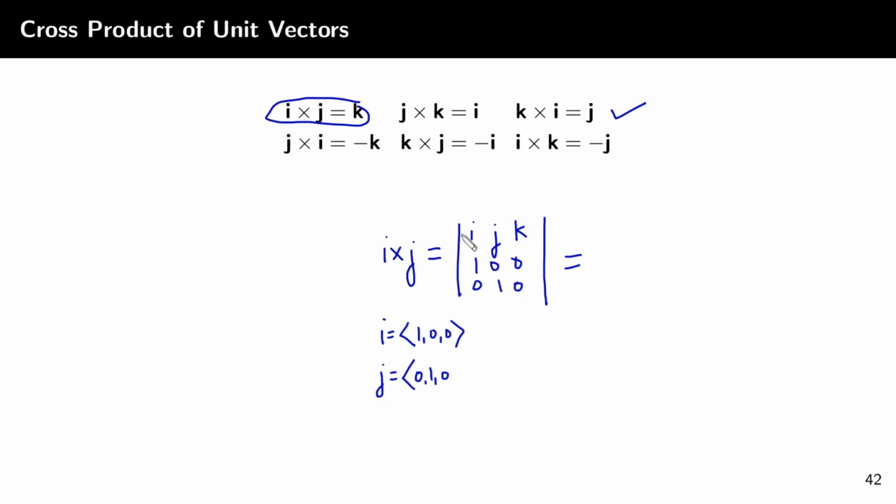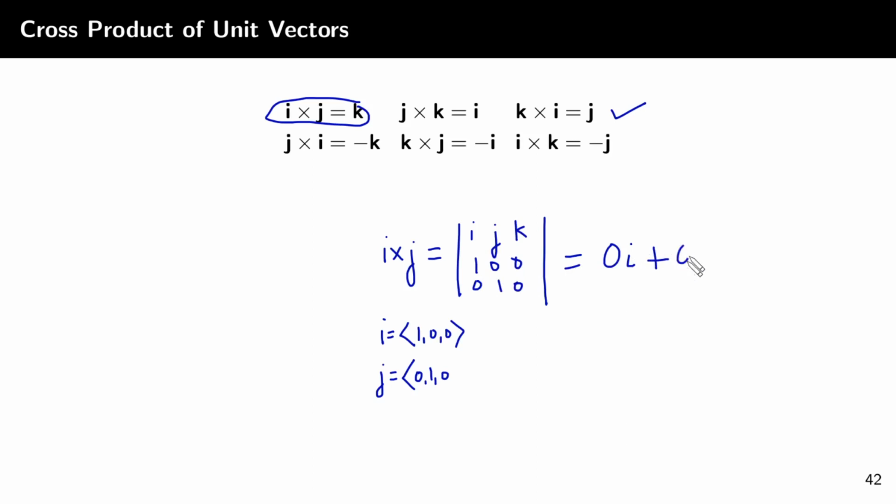Okay. So, if we look at i, let's remove the row and column containing i. We have 0 minus 0. 0 minus 0 times 1. So, that's just 0. So, 0 i. Plus, the same for j. We have 1 times 0 minus 0 times 0.